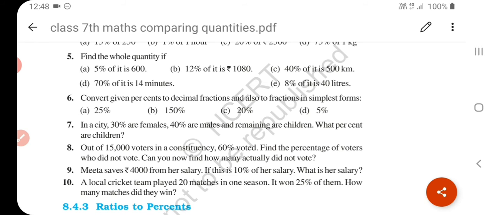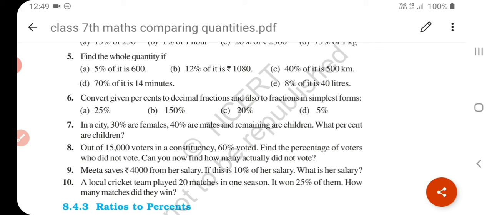So we have to find, it's given in a city 30% are female and 40% are male and remaining are children. If we take total 100%, females are 30% and males are 40%.